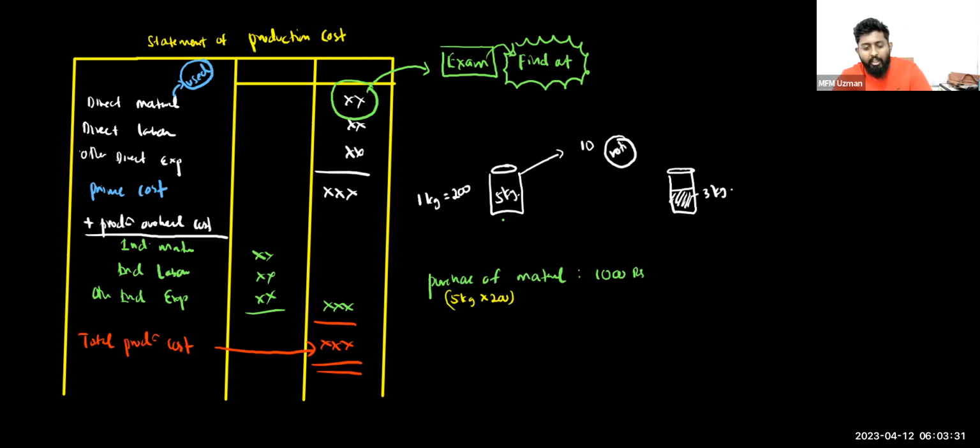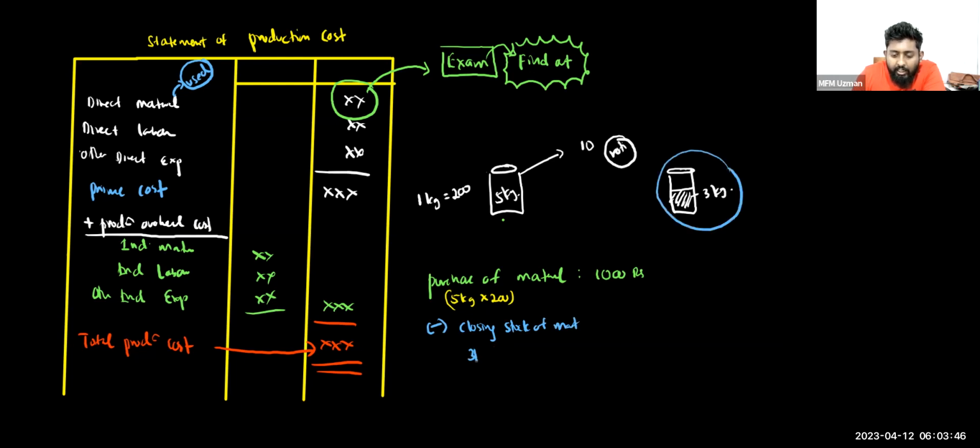You know that from the purchase, at the end of the day, we call it closing stock of material. How much flour is remaining, guys? 3 kilos of flour is remaining, which means 600 worth has not been used.